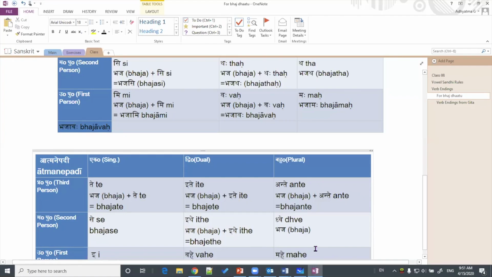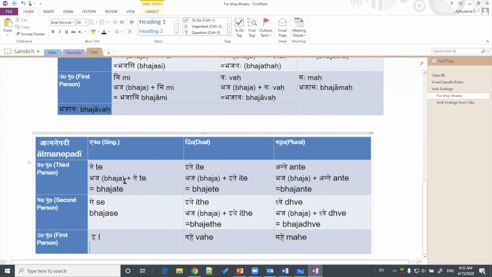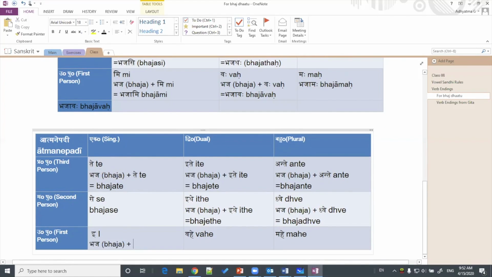So bhaja plus dhve becomes bhajadhve. Here is just adding the ikara, and again we know from the rules of sandhi, it's actually a short e.